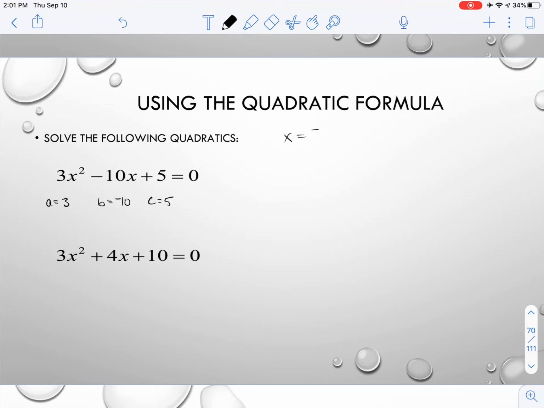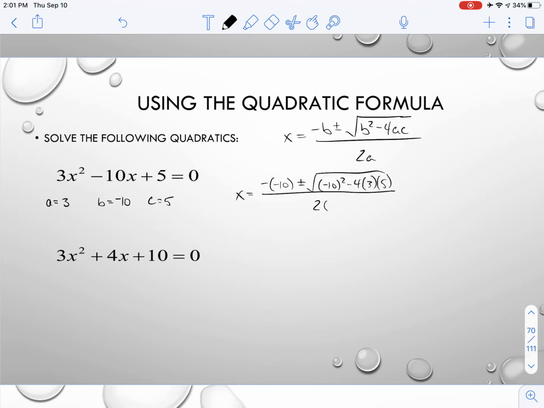Remember our quadratic formula, x equals the opposite of b, plus or minus the square root of b squared minus 4ac, all divided by 2a. So when I substitute in, I'm going to have x equals the opposite of negative 10, plus or minus the square root of negative 10 squared minus 4 times 3 times 5, all divided by 2 times 3.